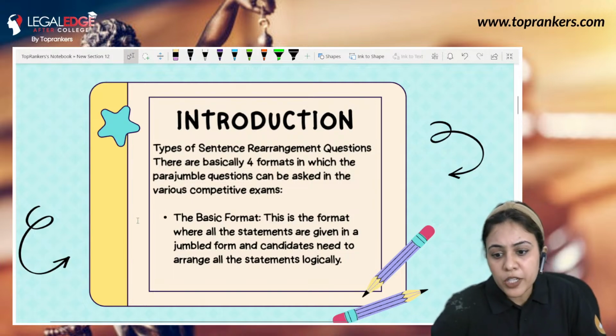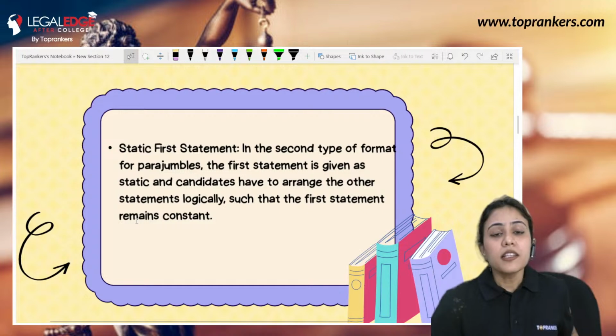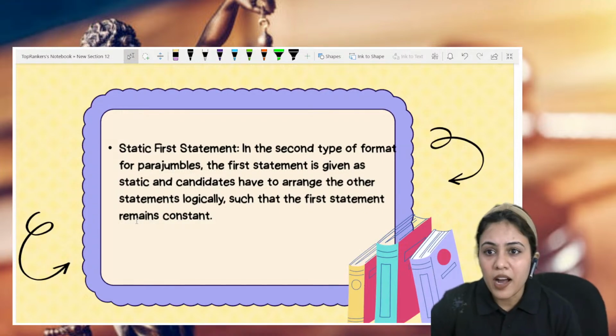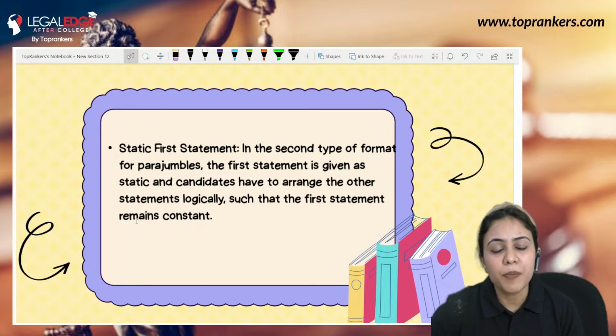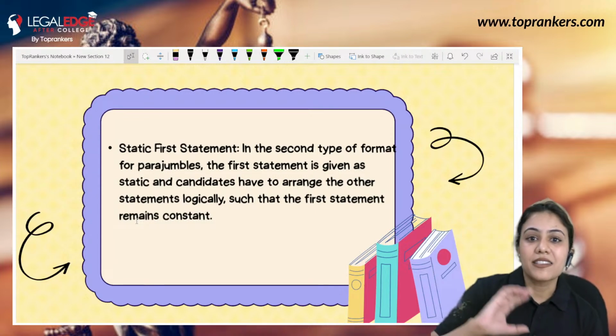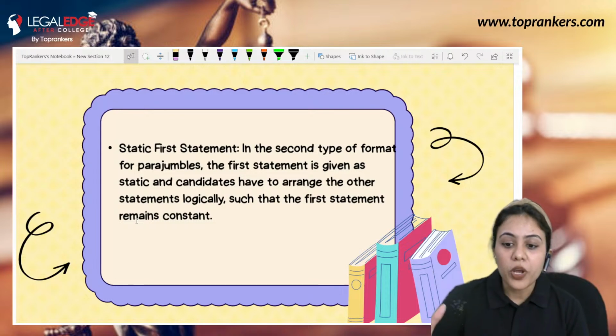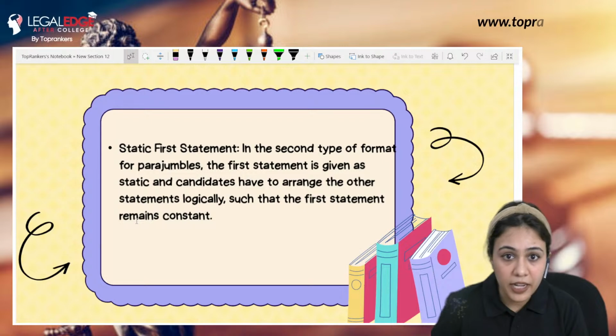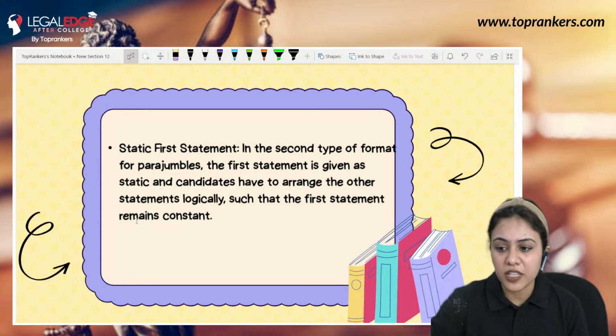Okay, moving to the next one, the static first statement. Now, according to me, whenever there are any static statements in the parajumbles questions, it becomes easier to navigate the answers, because you can easily find the essential pair in it. So as you can see here, sometimes the first statement will be static, यानी कि first statement जो रहेगा वो fixed रहेगा.